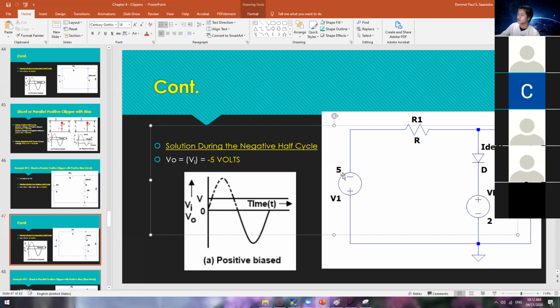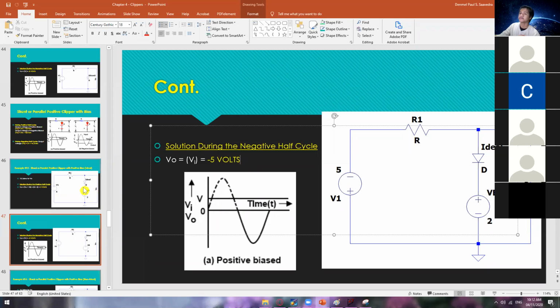Okay, so as a result, our only voltage that will pass through our V sub O is this V sub I, because this one is in open circuit. So V sub I is equal to V sub O, or V sub O is equal to V sub I. That's why we have here negative 5 volts.